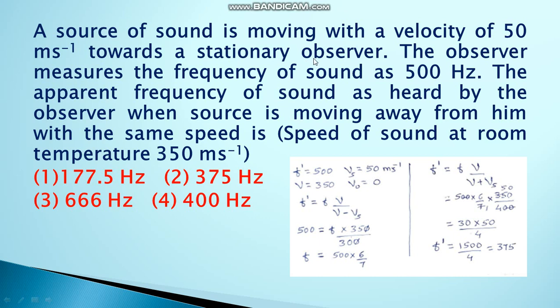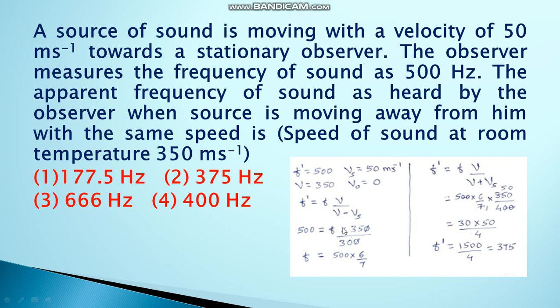Towards a stationary observer, so observer speed is 0, and speed of sound is 350 meter per second. Substitute in formula, f dash is equal to f v by v minus vs. Here v0 is 0, that's why you get v.